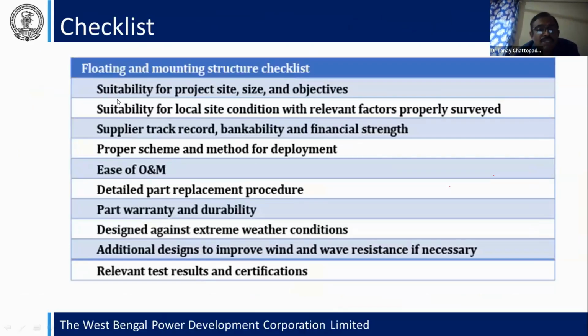We followed this: the suitability of the project area, size of the objects, suitability of the local site condition with relevant factors properly surveyed, the supply track record, the proper scheme method, and the detailed part replacement procedure. You have to follow it, and the warranty and durability. You have to follow this type of floating and mount structure checklist.